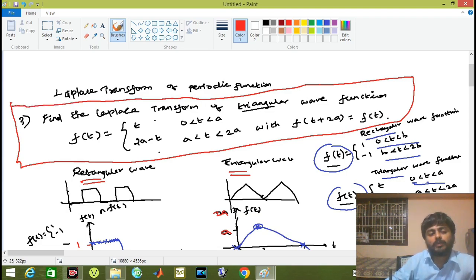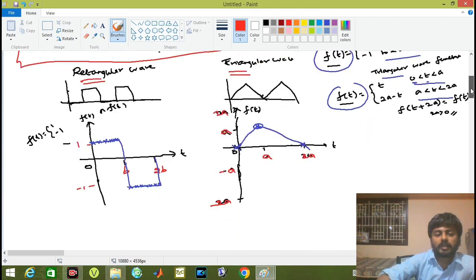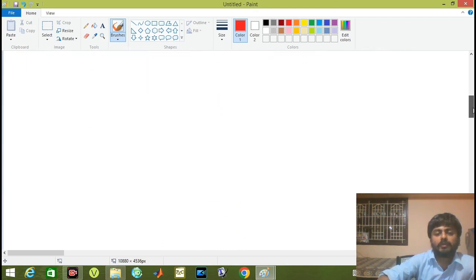So this is your problem. For this problem I have explained the concept of both rectangular wave and triangular wave. Now we shall go to the solution.